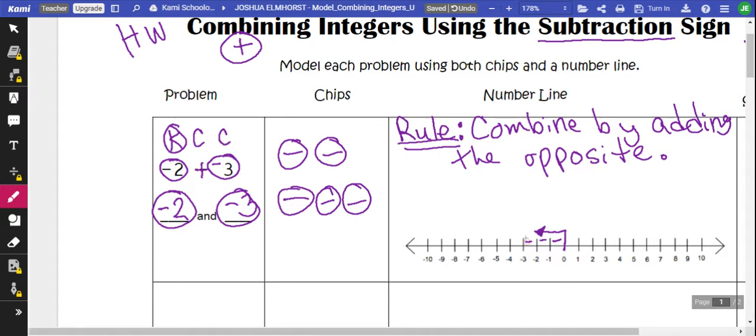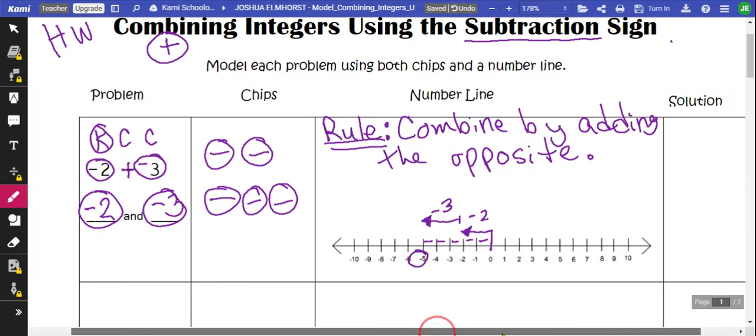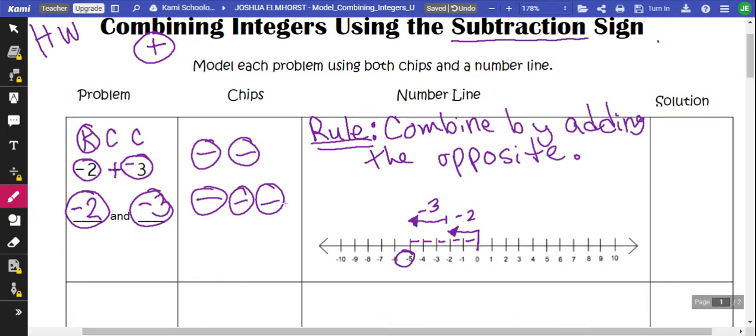So we go 1, 2, 3. So right here, we go -3 more. So we went -2 and then we went -3. So we ended up at -5 altogether. So when we combined -2 with -3, we ended up with -5.